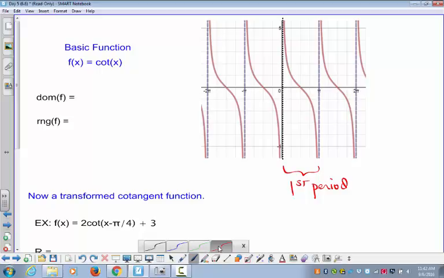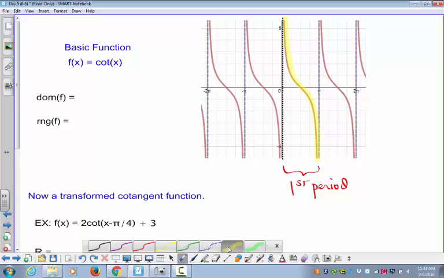Tangent is the only oddball. Tangent is the only one where the first period goes a little to the left of the y-axis. All the other ones, the first period is to the right of the y-axis. So there's our first period, just to the right of the y-axis.